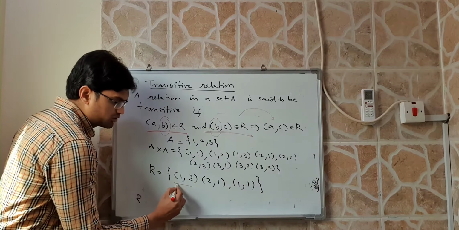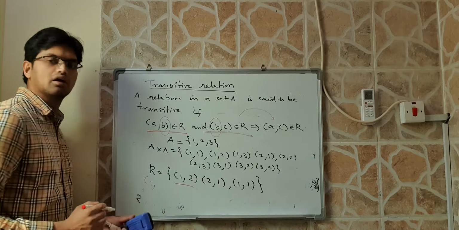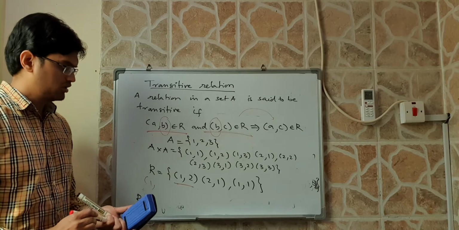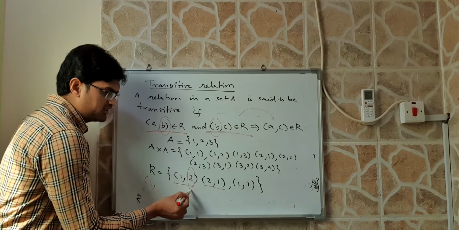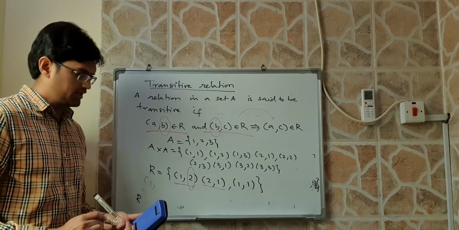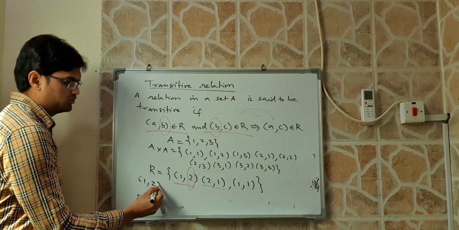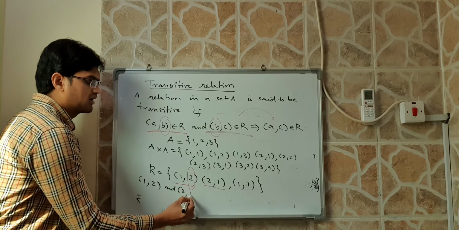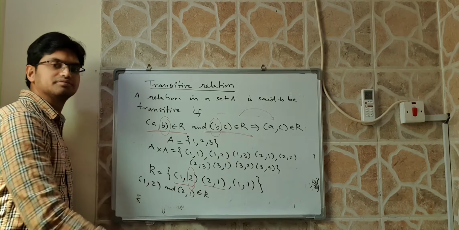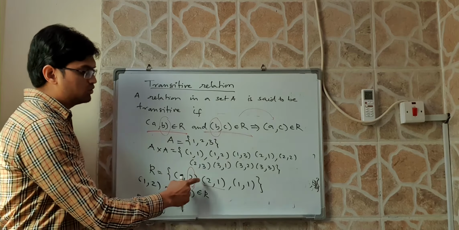See, 1 comma 2 is the first ordered pair, and the second ordered pair is 2 comma 1. So this is the second element, 2, I'll just write here: 1 comma 2 and 2 comma 1 are there in R. Correct? 1 comma 2 and 2 comma 1.